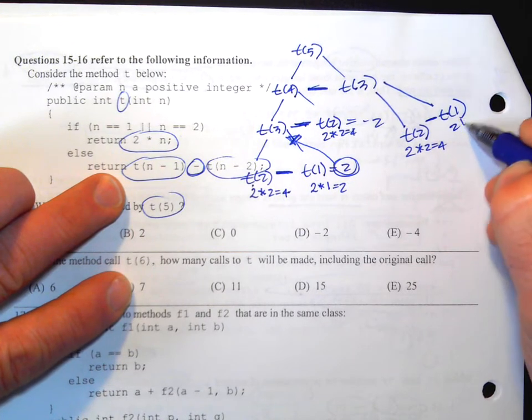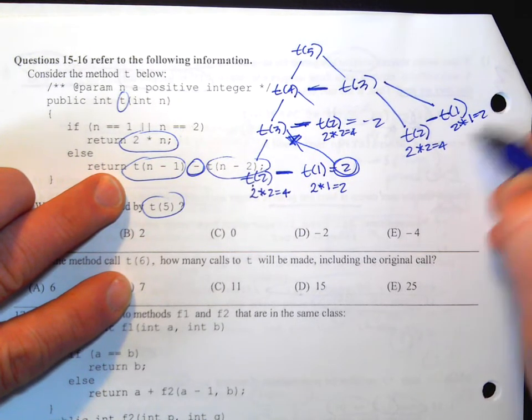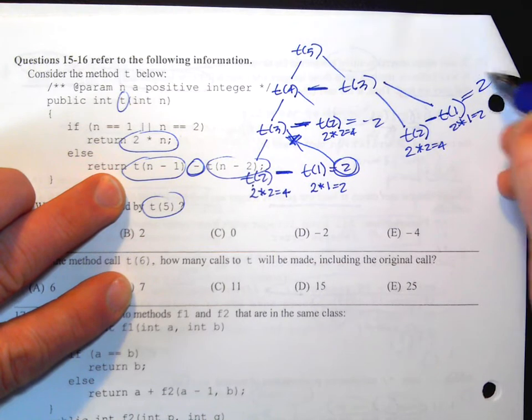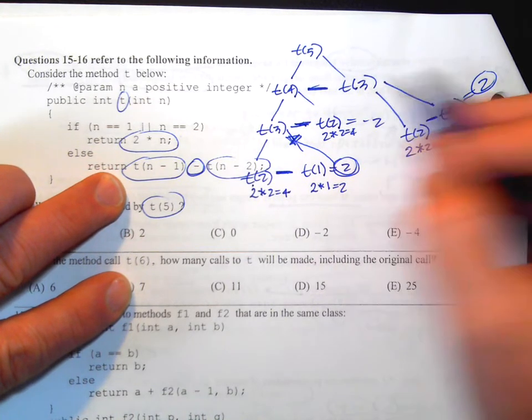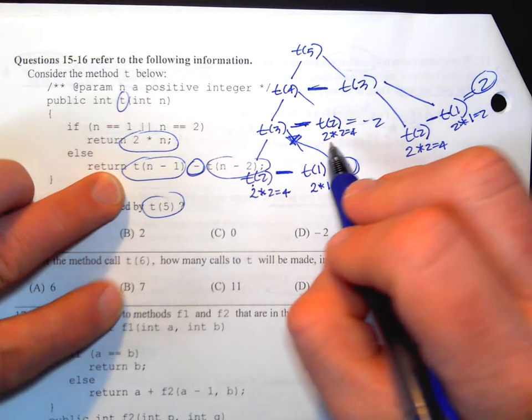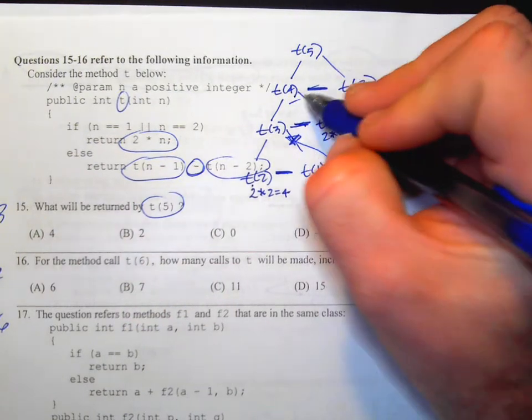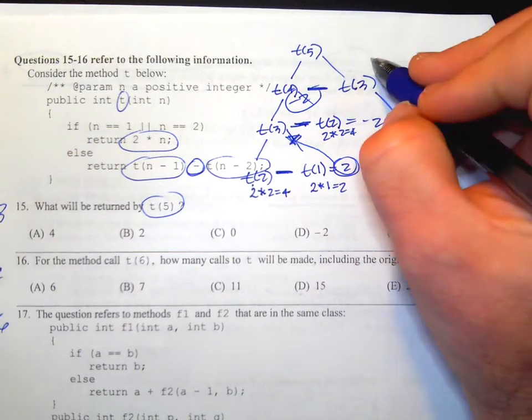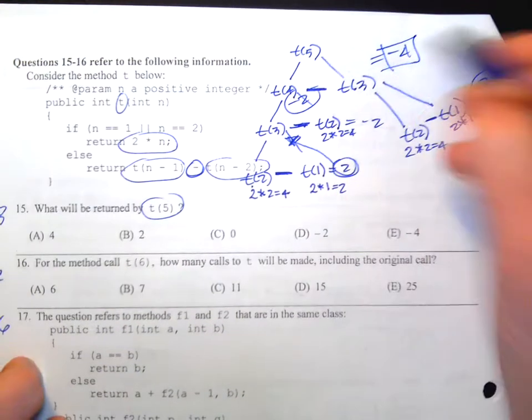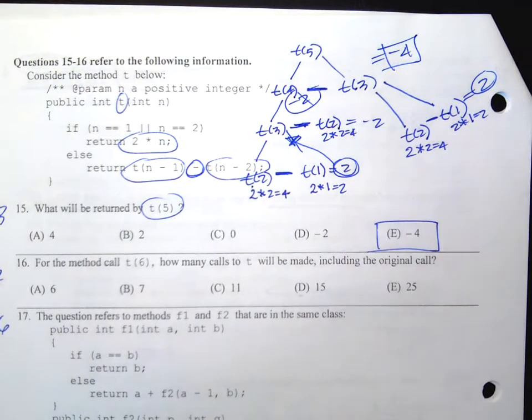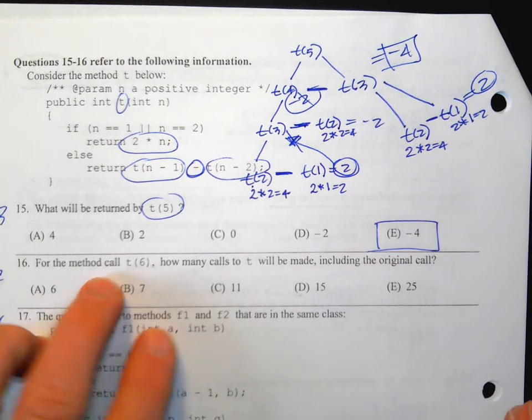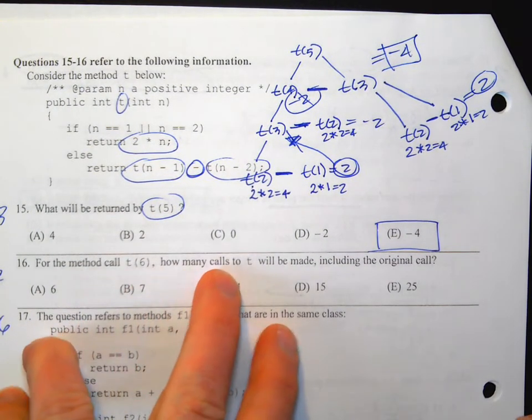So it gives you 2 times 1, which is 2. So 4 minus 2 is 2. And that's what goes right here. So what we have here is negative 2 minus 2 equals negative 4. That's your answer.